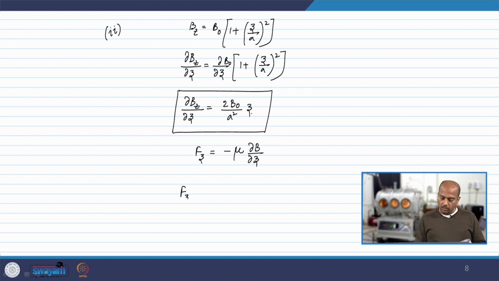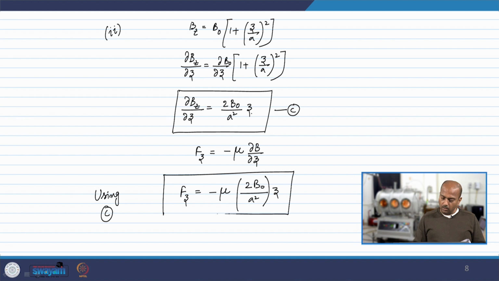So, using this, let us say C, using C, the non-zero force is minus mu times 2 B naught by A square times z.